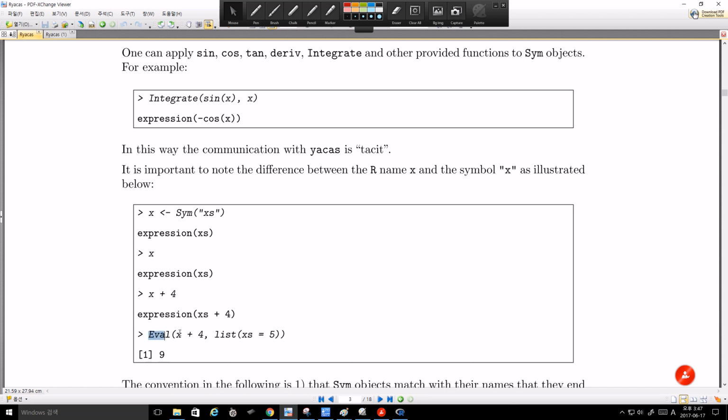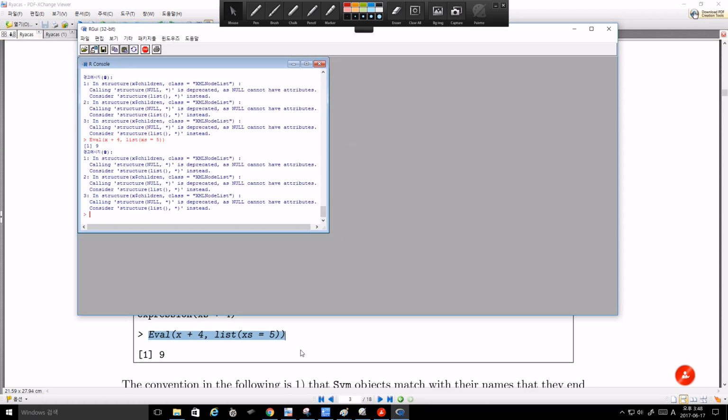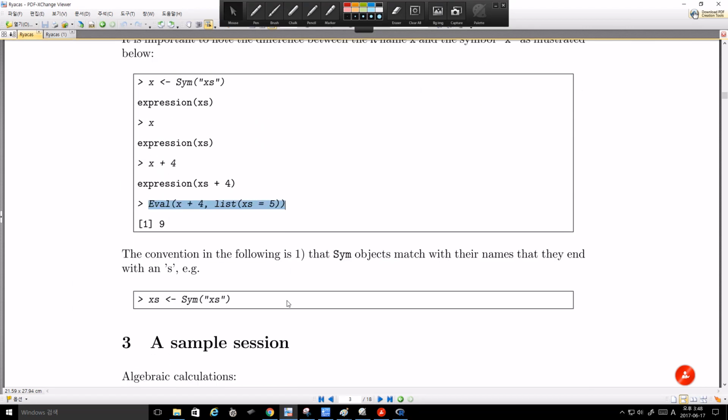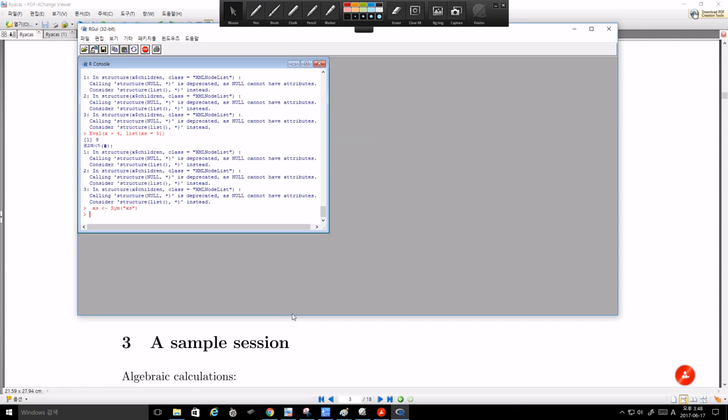Now evaluate x plus 4 at x is 5, then 5 plus 4 should be 9. Yes, we have 9 over here. Now we can also store x as a symbol like this.